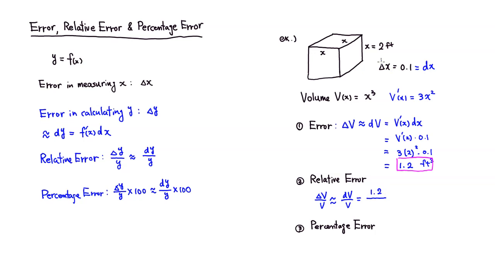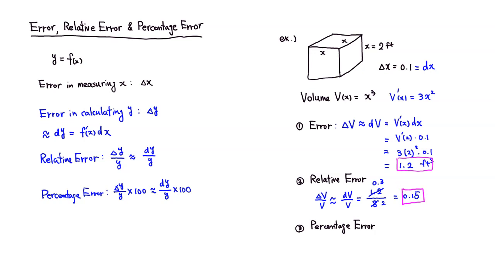And the volume, since it's 2 by 2 by 2, is 2 cubed, so this is going to be 8. So let's simplify. Divide by 4, so it's going to be 0.3 over 2, which is 0.15. So this is the relative error.